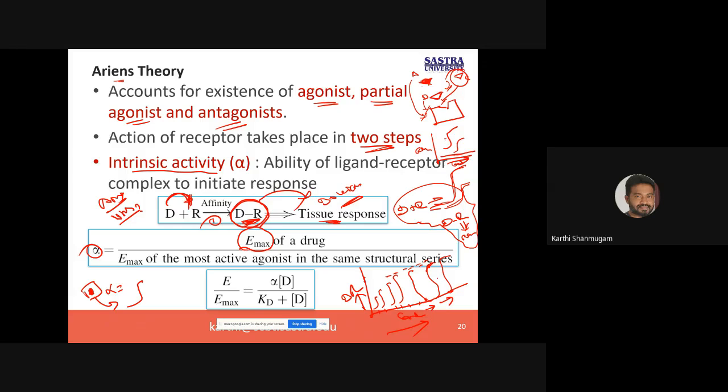What is your understanding from this? Can we say that this is the maximum response we can get out of this drug molecule? And there is no point in increasing the concentration further, because if I increase the concentration, I do not find any increase in the intensity. Is it understandable? Yes, sir. Or should I repeat?